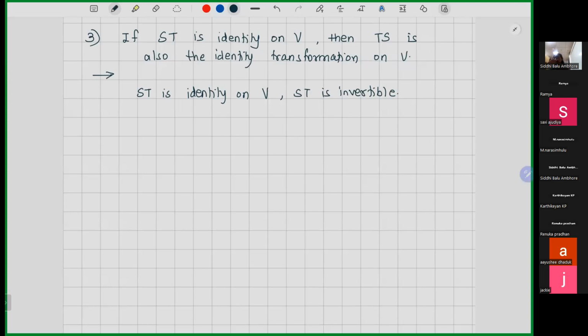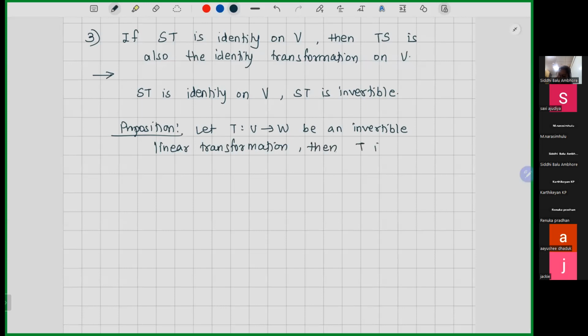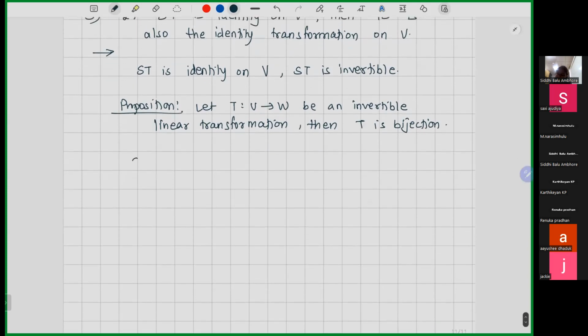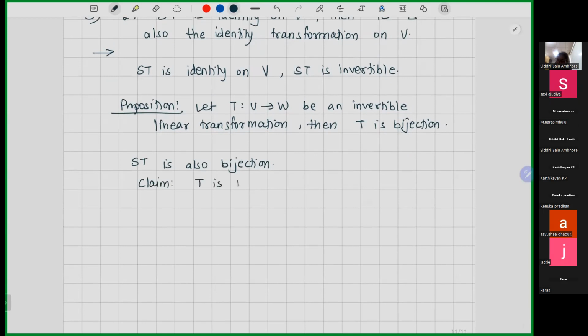And we also have a result, a proposition in fact, that if T from V to W is an invertible linear transformation, then T is a bijection. So what does this imply? That this ST is also a bijection. And what we claim now is that T is an injective linear transformation.